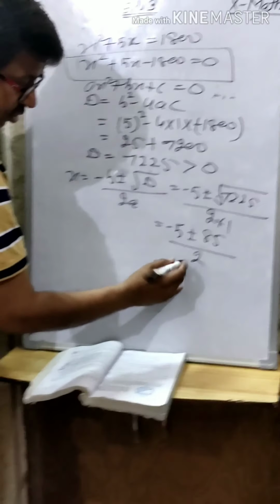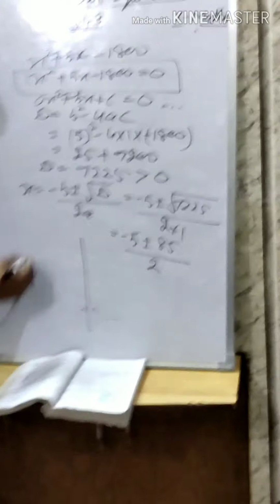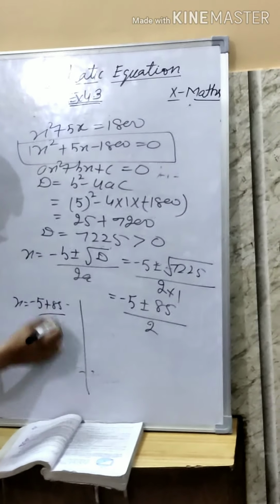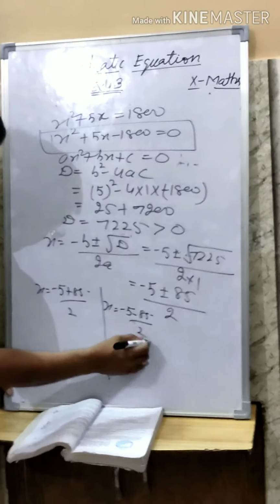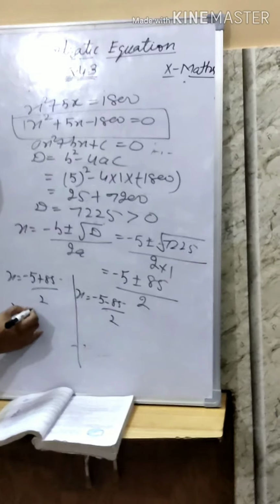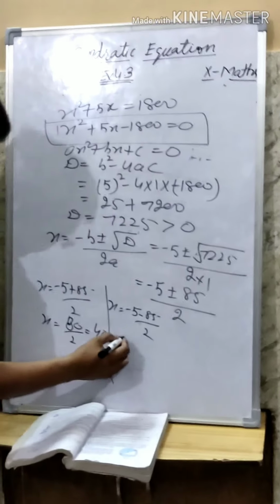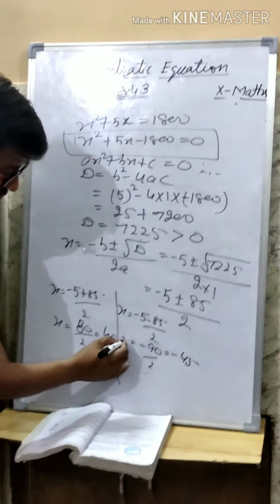So it is minus 5 plus minus 85, then 2 cases we will take, plus and minus. If I take positive sign, x is equal to 85 minus 5, 80 by 2, 40. Then the negative sign: minus 90 by 2, minus 45.